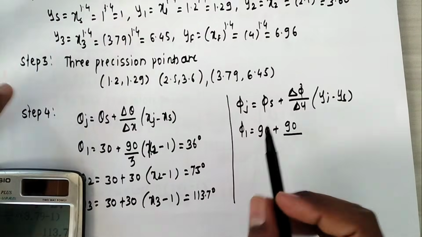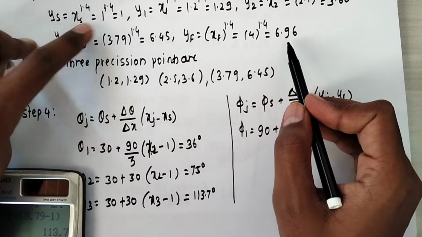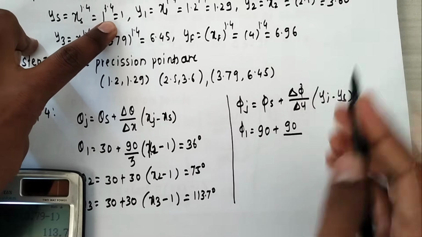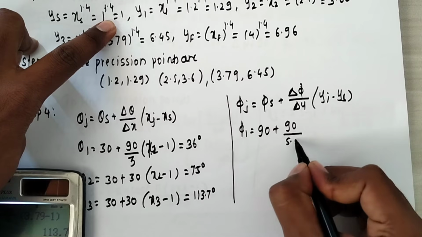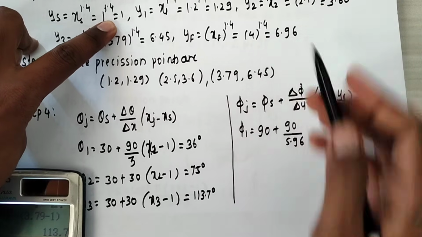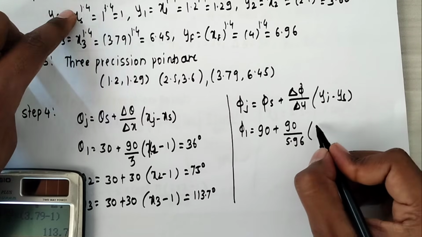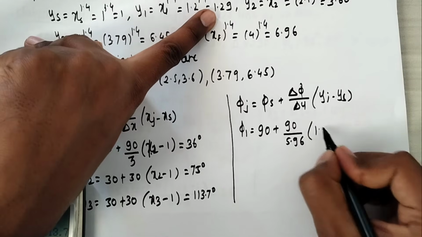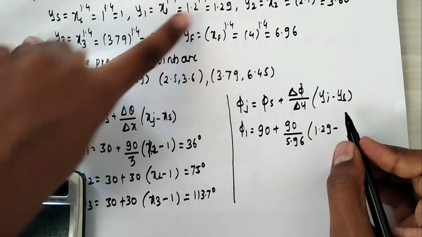Now you can check, delta y is 6.96 minus ys, which is 1. So it is 5.96. Here we need to find out delta y. 6.96 minus 1 into yj. Yj means y1. How much is y1? 1.29. 1.29 minus ys. Ys is also 1.